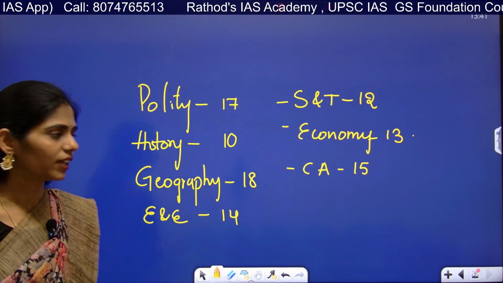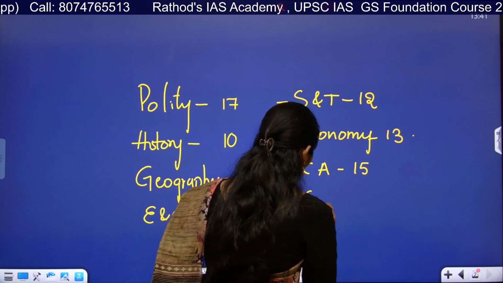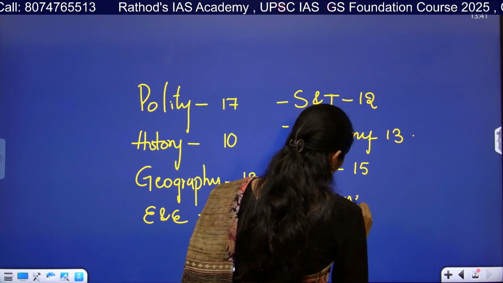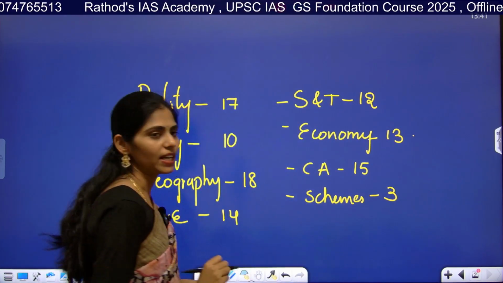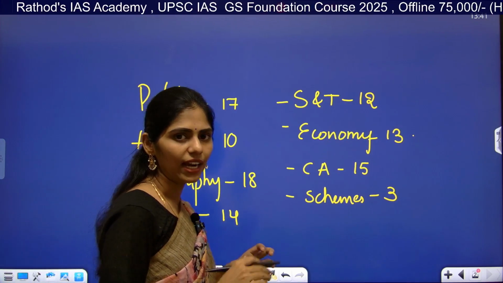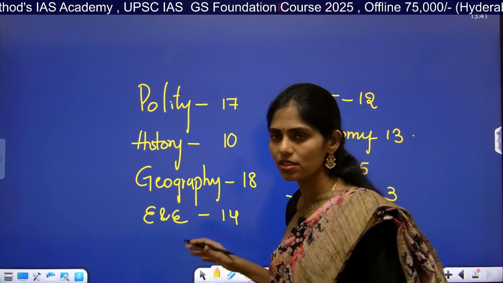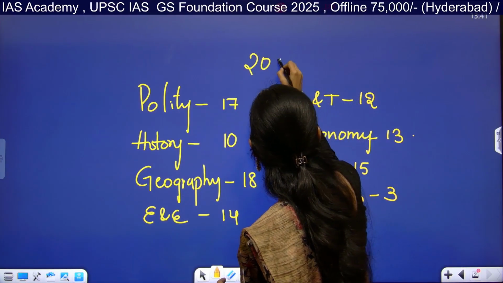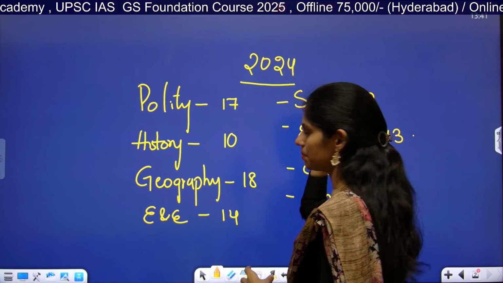So that is to be noted. And from schemes, we got around 3 questions directly. So this is the number of questions that came from different subjects in the 2024 UPSC Prelims.